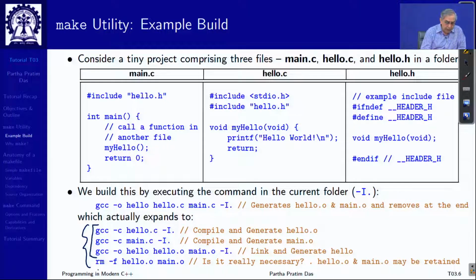Optionally, when I give this command, it also removes main.o and hello.o that it has created from the folder, as if they were temporary files. So, this is the basic manual process of build that you have already seen.